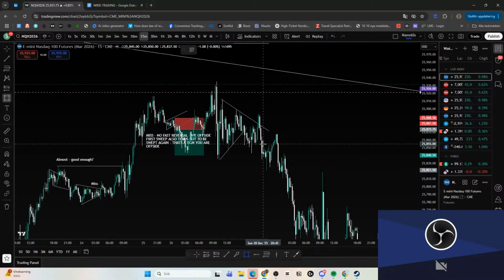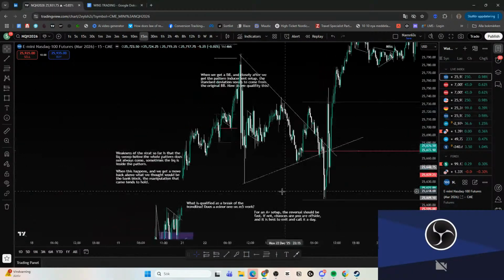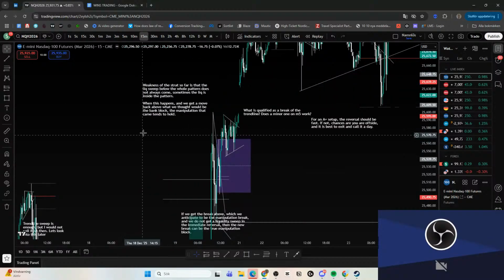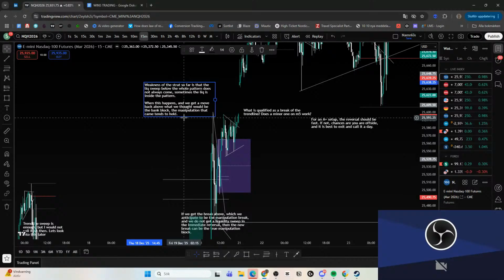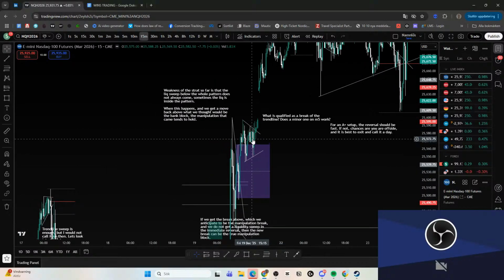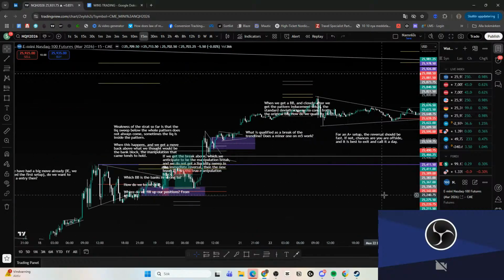Then we look for entry off of the next move, right? That's what we said. When this happens, we've gotta move back above what we thought would be the bank block, like here. Like this one there, back inside. Right? Am I stupid now? Whatever.